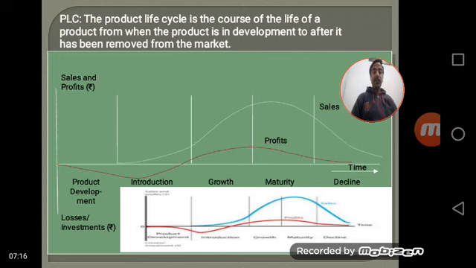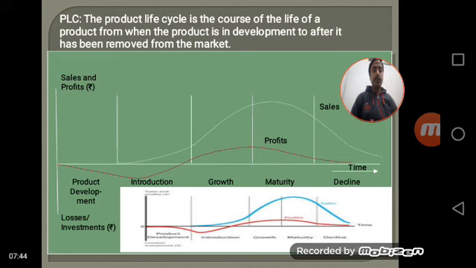Why is it in loss? Because right now you have just started your product in the market. Now consumers are buying your product, but you have incurred a huge amount of cost. In the narrow sense it is losses, but in the broad sense it is a cost in the first stage, that is product development.